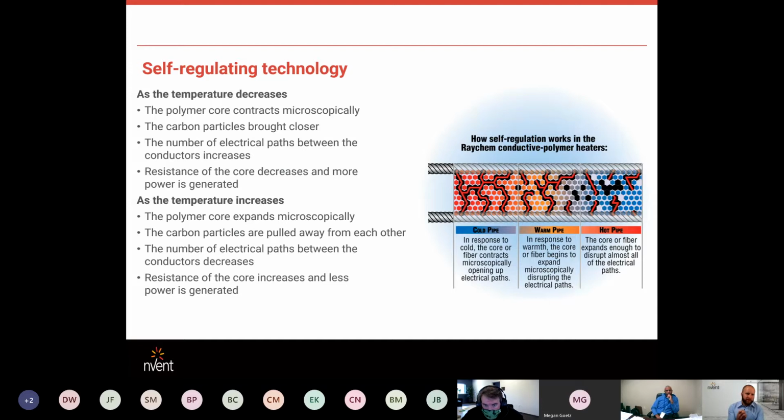It microscopically contracts and creates additional heating paths between the 2 current carrying conductors. Conversely, when it heats up, it expands and creates less conductive paths. That's how the cable physically regulates itself all the way along the length. So a better understanding is that you could have an application where we have the exact same cable, same circuit, same breaker, everything's the same.